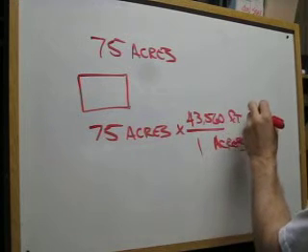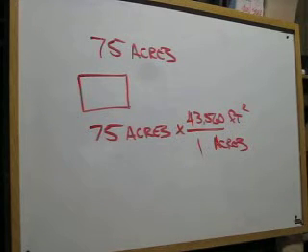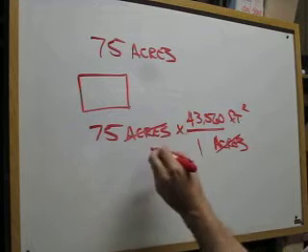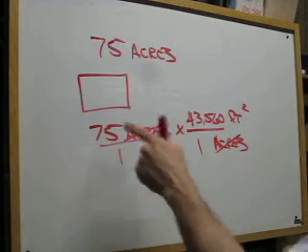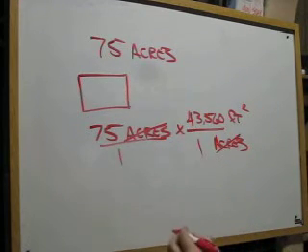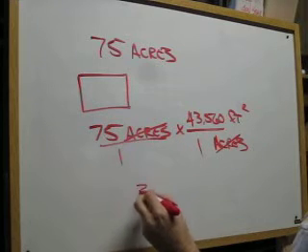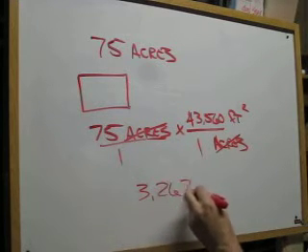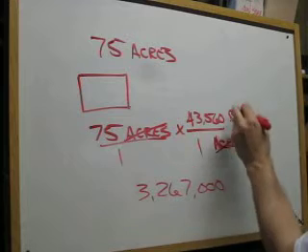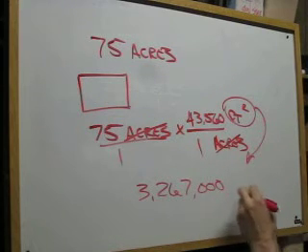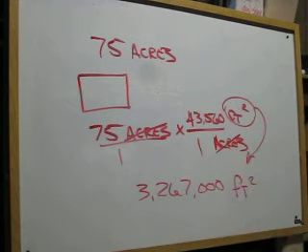Now notice it says square feet. So we can cancel our acres, put this over 1, multiply 75 times 43,560, and we get 3,267,000. And we use this unit in our ending here because it did not get canceled. So we've got square feet there.